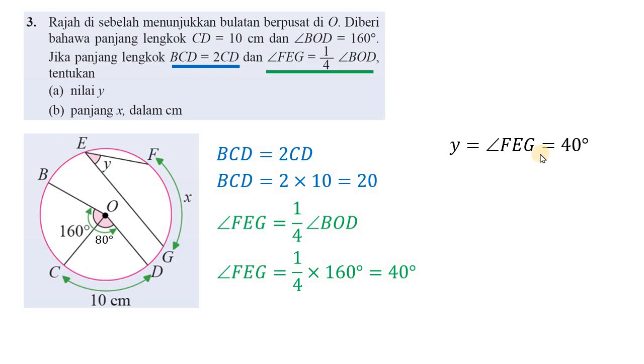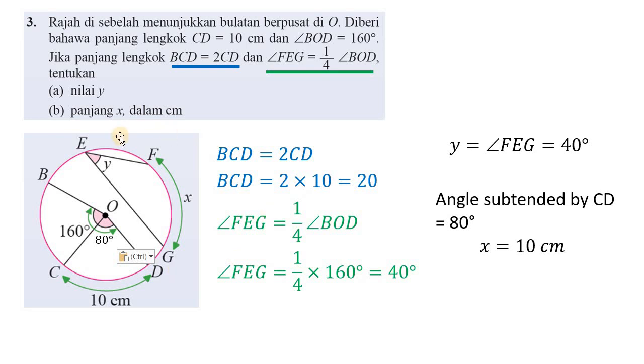Then after that, we need to identify the length of x. This one is a little bit confusing, so you must be more careful. As you see, the angle y is 40 degree, and just now I mentioned already the angle on center subtended by the arc CD is 80.